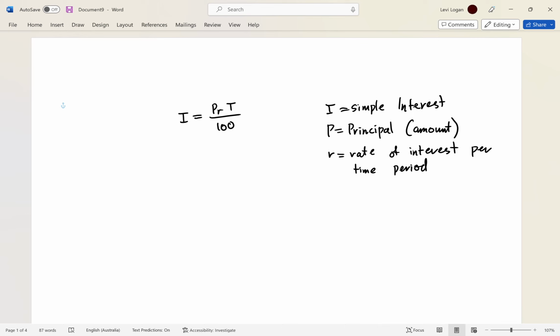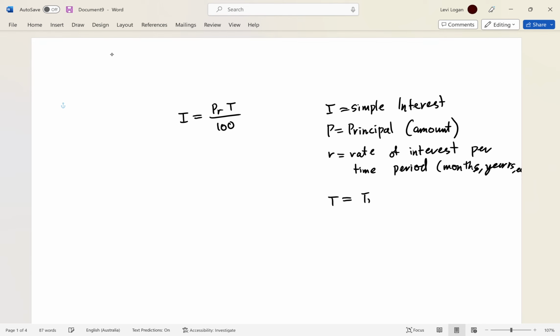It could be in months, years, etc. So we also have T. T is the time for you to return the money. So it's like the time of money borrowed.